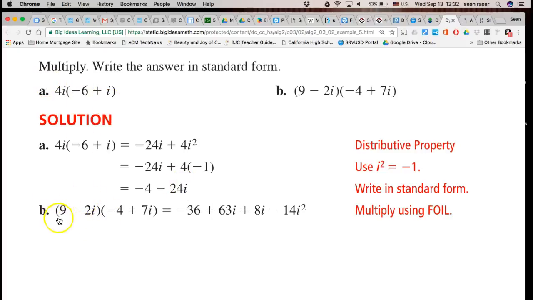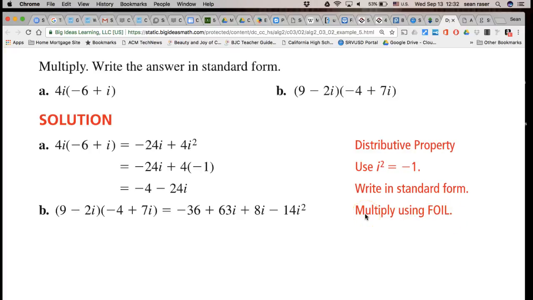Now, when we multiply two complex numbers together that are both two terms, we have to FOIL. It might have been a little while since you FOILed. We have to multiply each term by each term in the other set of parentheses. So FOIL stands for first, outer, inner, last.